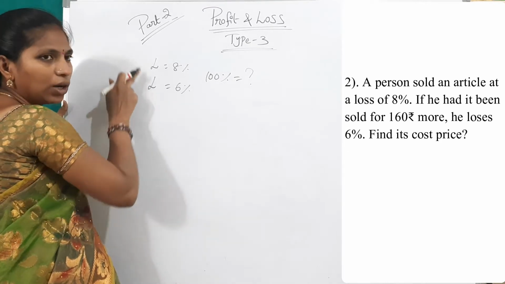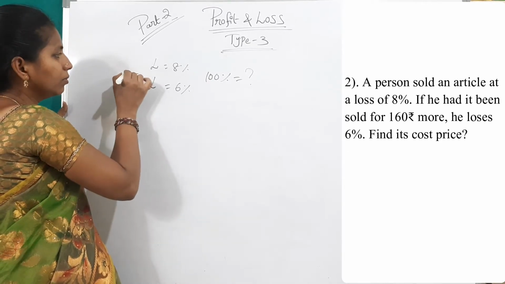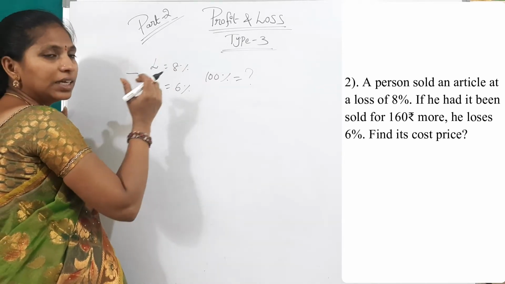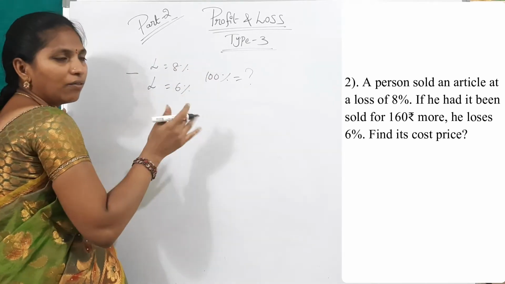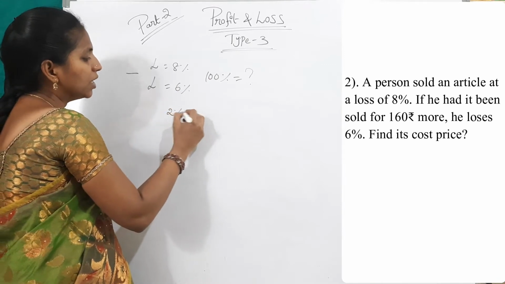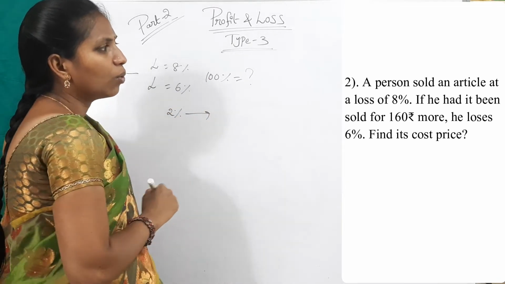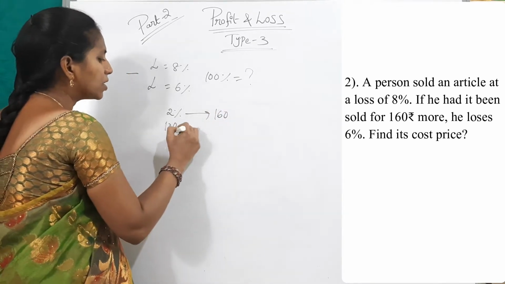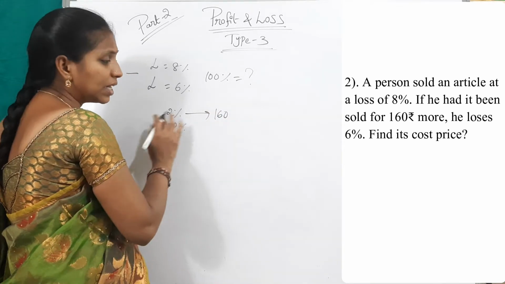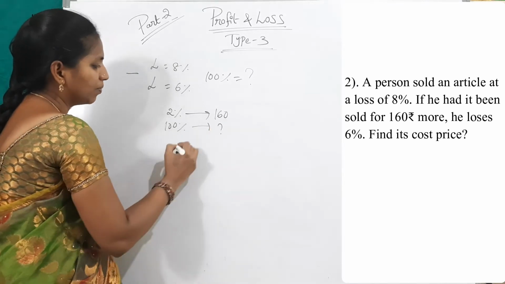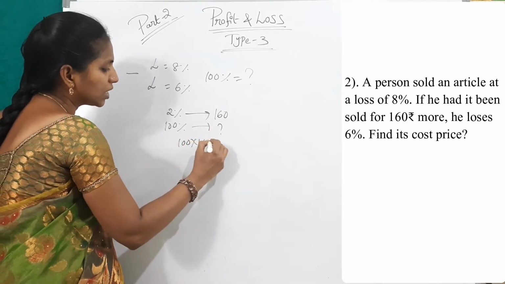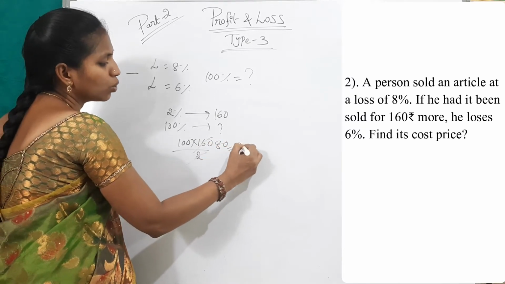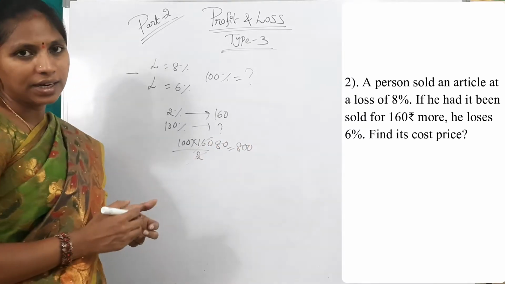Here loss, again loss, so these two are like poles, repulsive. Take the difference between these two values. So 2% is equal to the given value, 160. And 100% is equal to how much? 100 into 160 by 2, then 80. So the result is 800 rupees.